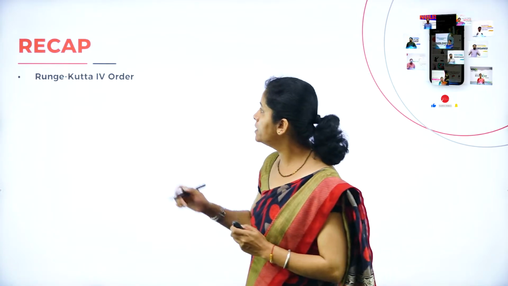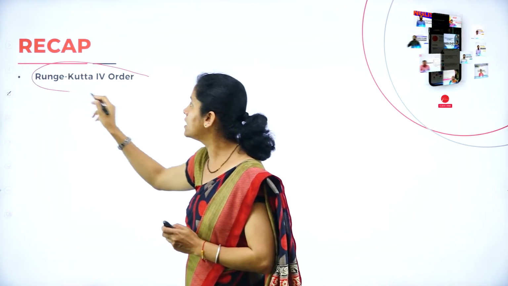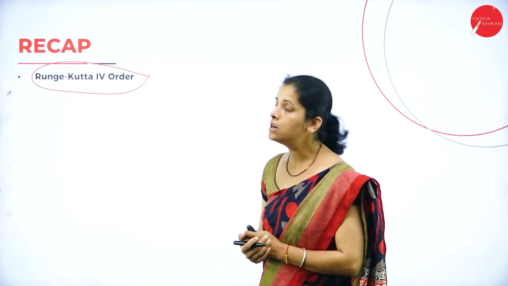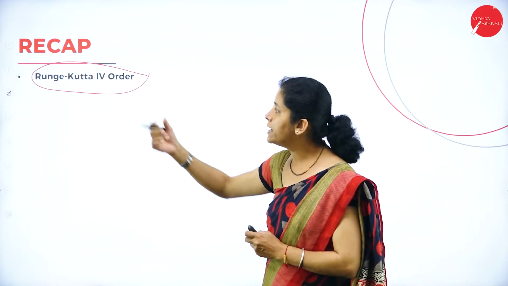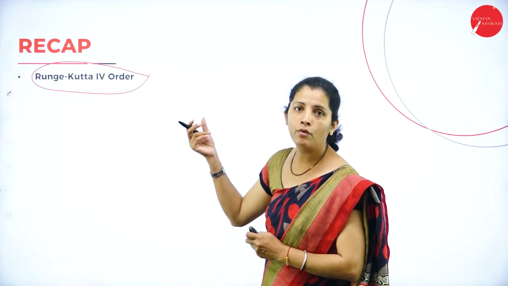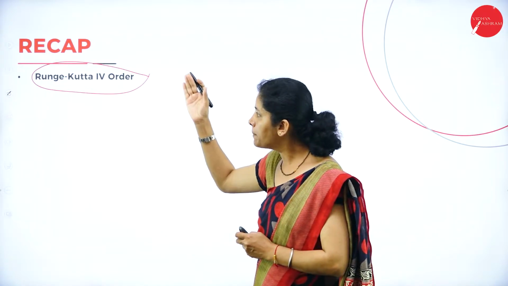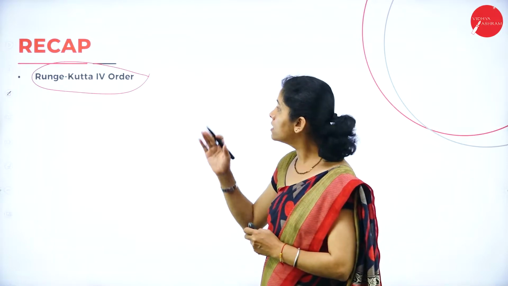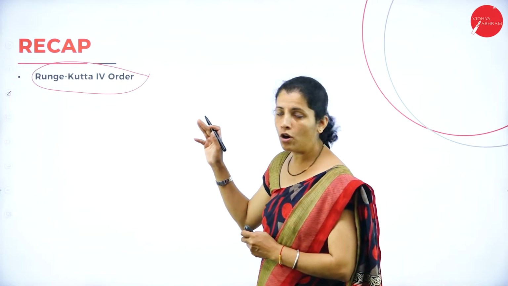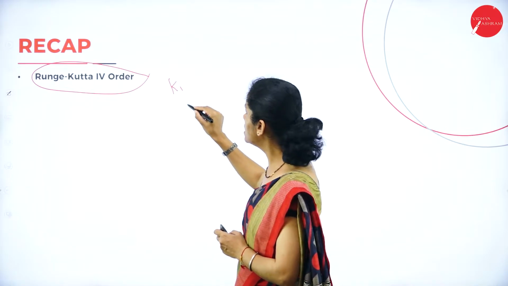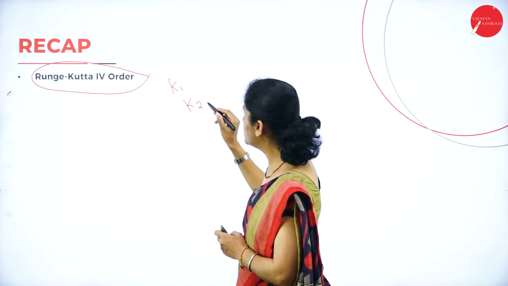So dear student, in my today's session, I am going to deal with numerical integration. Before that, let me recall the topic, that is Runge-Kutta fourth order. In my previous session, I was explaining Runge-Kutta fourth order. If I am getting the problem under Runge-Kutta second order, then I just want to find out K1 and K2.